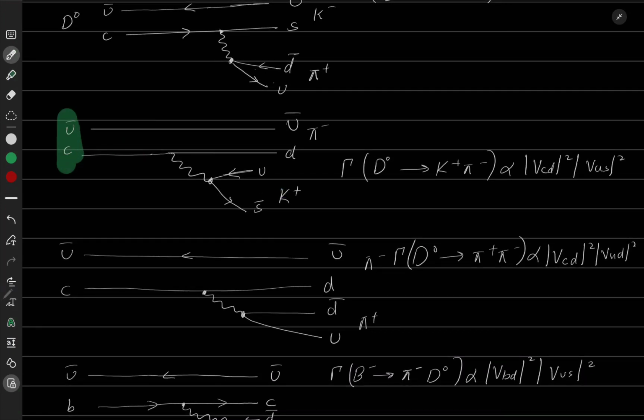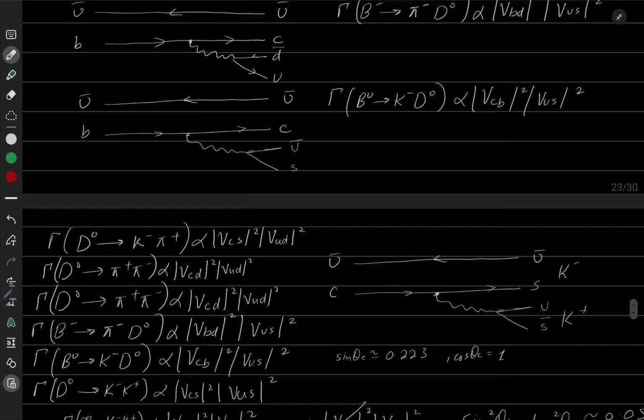This process is a purely hadronic process, and if we look at the vertices, this vertex is proportional to VCD and this vertex is proportional to VUS. So we can say that the decay of this process is proportional to VCD squared and VUS squared. VCD is proportional to sine of theta C, and VUS is also proportional to sine of theta C.